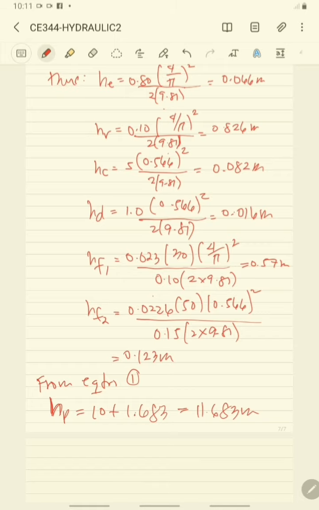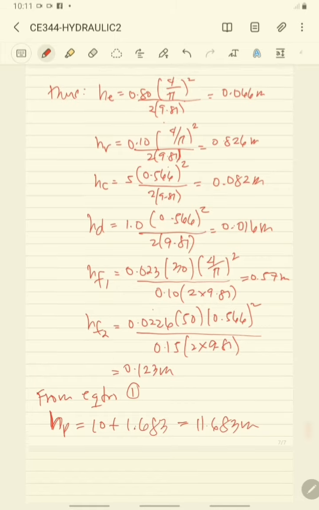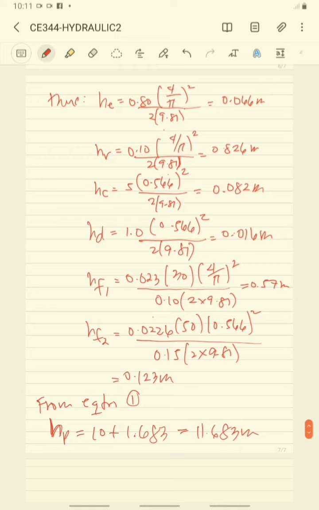Here, I directly add all the head losses, 1.683 plus 10, from equation 1. So the total head of the pump is equal to 11.683.